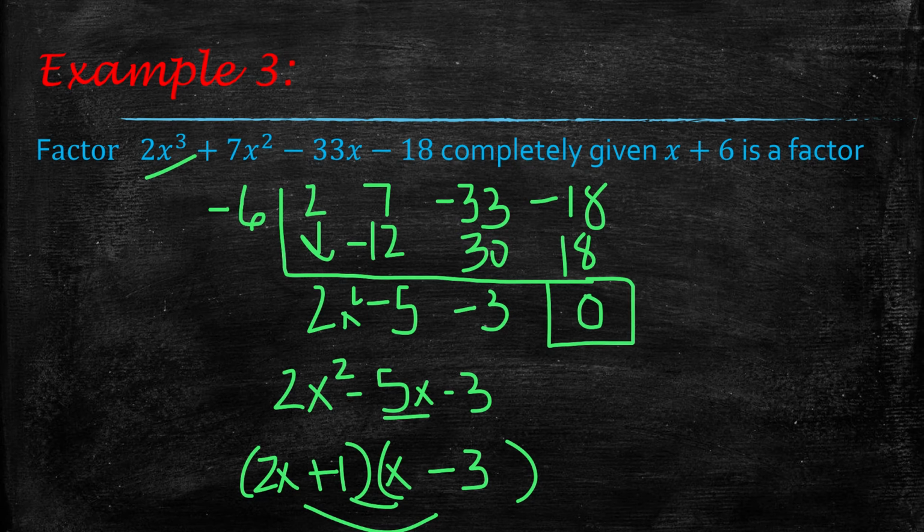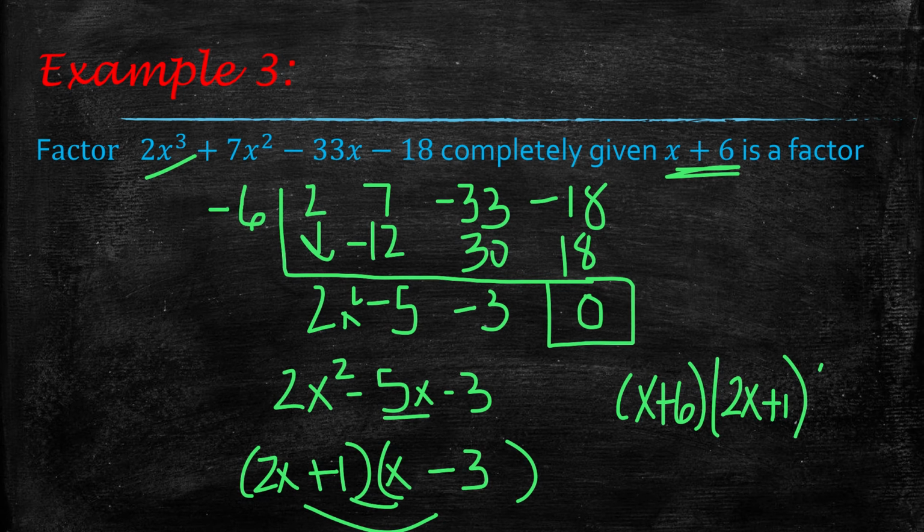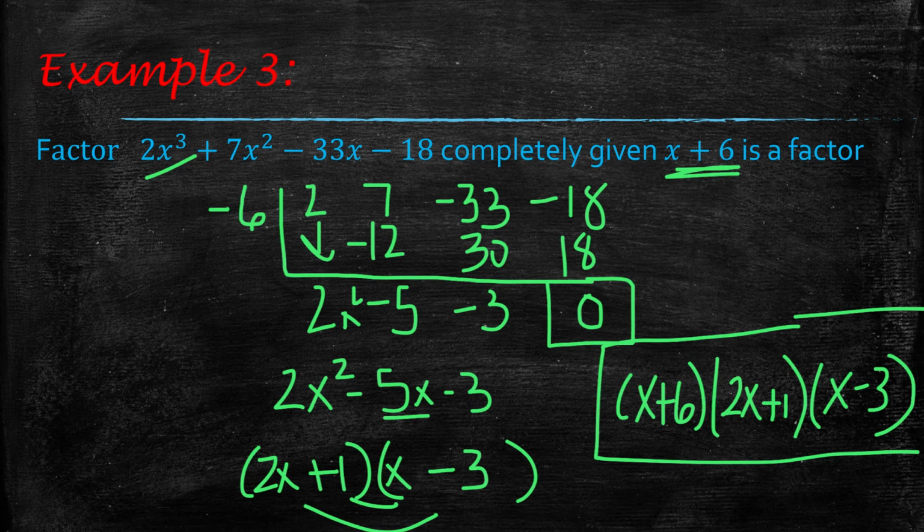All right, so the factors of this polynomial are the original factor, x plus 6, but then also 2x plus 1 and x minus 3. So this helps you go a little bit faster, because you can synthetically divide to get it down to the other polynomial that needs to be factored.